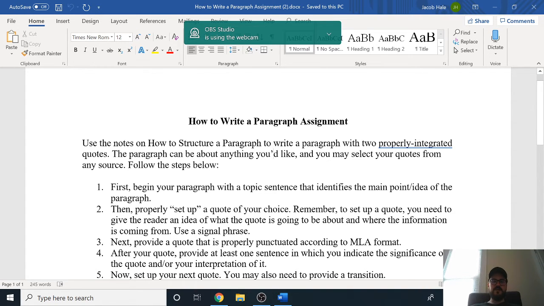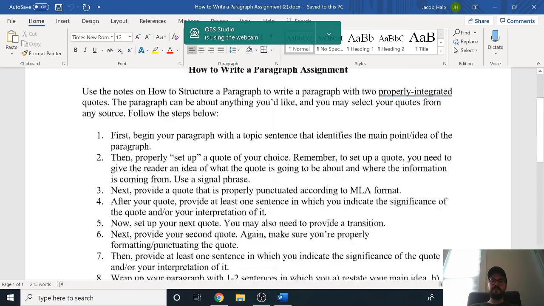Now you'll see the instructions here say that the paragraph can be about anything you like. Doesn't matter what it's about. Totally up to you. And you can select your quotes from any source. Anything at all. Maybe something we've read in class, something that you've read as a part of your own research. Doesn't matter. You just need to have a couple of quotes that you're going to incorporate in this paragraph.